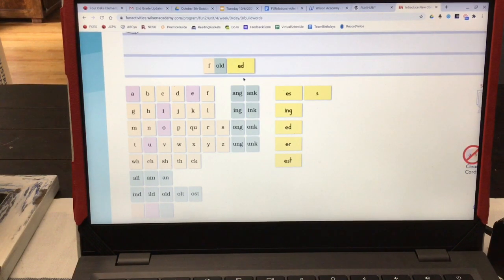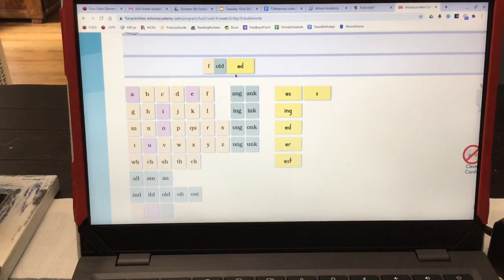Oh, I folded clothes yesterday. Yeah. There's something I want you to notice about this ed. Sometimes it says ed. Folded, right? Does that sound right to you? Folded. It sort of sounds robotic because I say folded. Sometimes ed says id. I know, it's so silly.